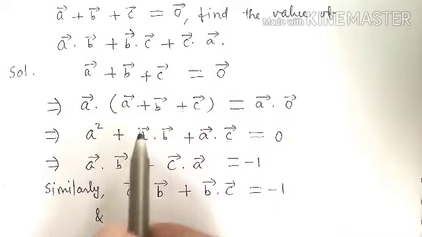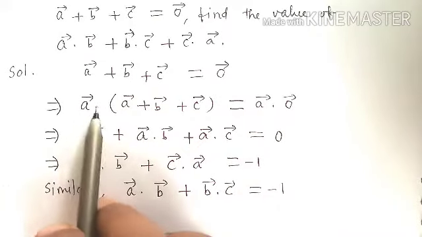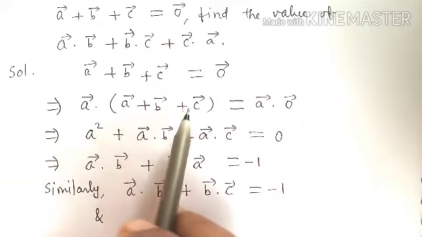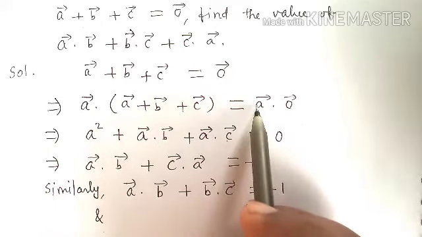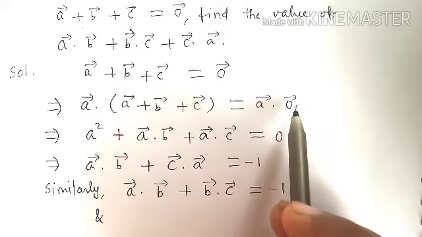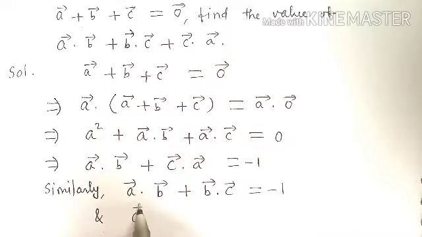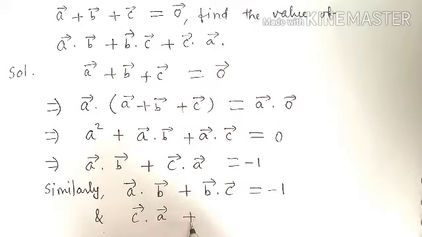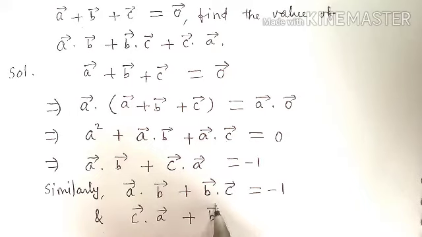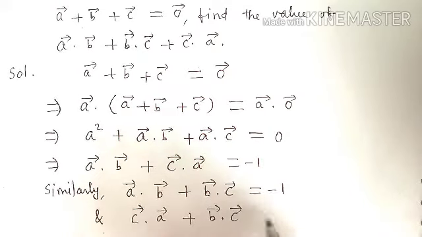If we take vector C dot (vector A plus vector B plus vector C) is equal to vector C dot vector 0, then we have vector C dot vector A plus vector B dot vector C is equal to minus 1.